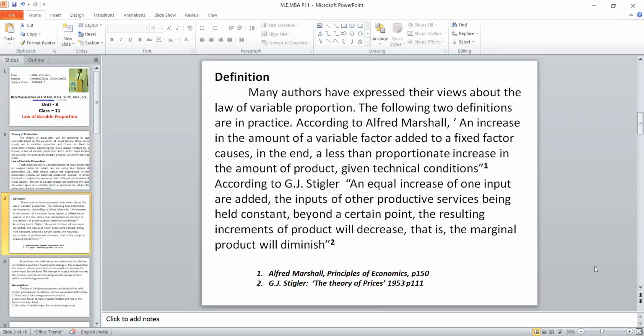N number of definitions. These two definitions are better to write because these two definitions only initially started and explained well. And I have given a numerical example also for this.